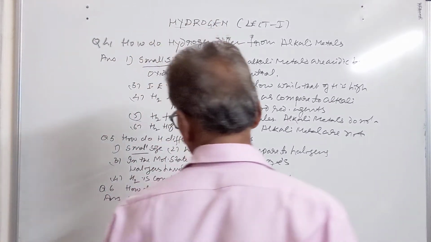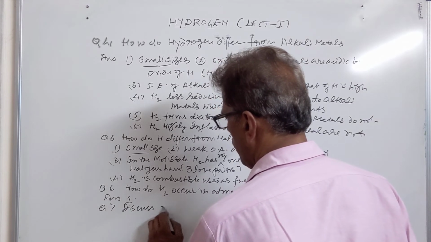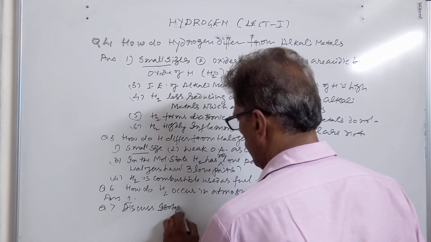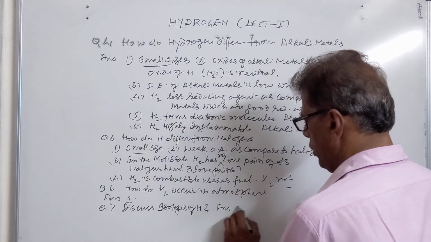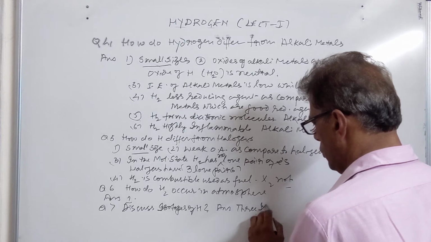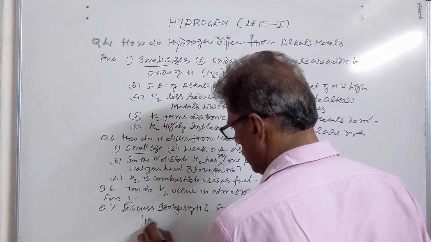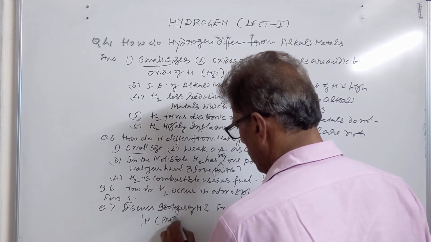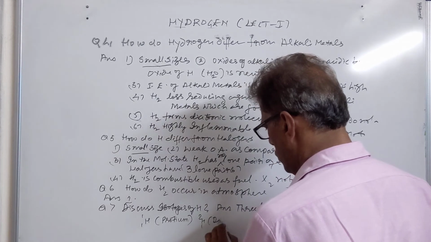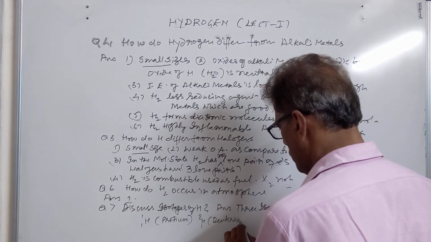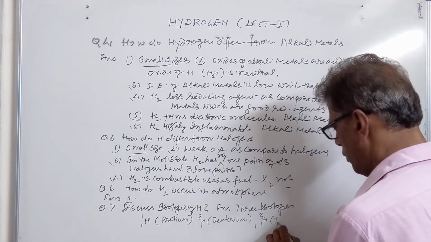Then discuss isotopes of hydrogen. Answer: it has 3 isotopes. They are 1H1, this is called protium; 1H2, deuterium; 1H3, tritium.